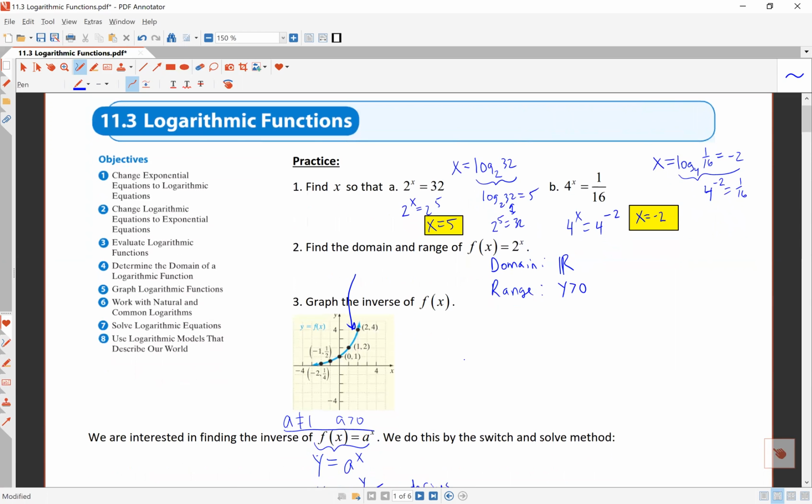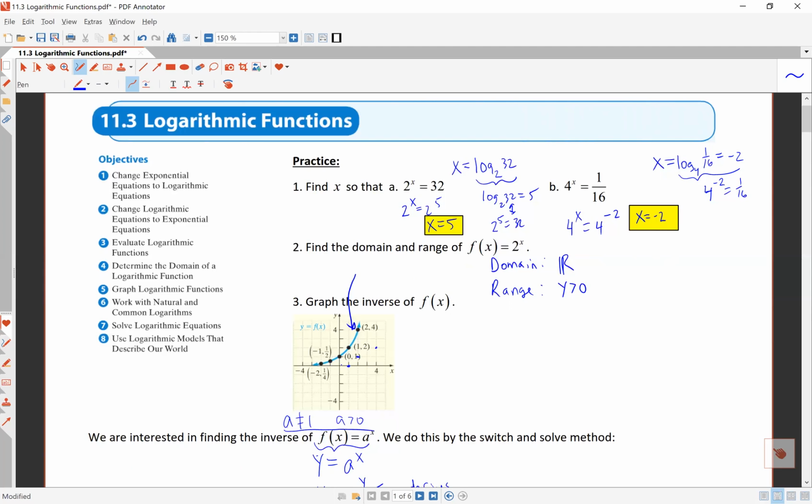We can generate the graph of it quickly by swapping the ordered pairs, the inverse. If x, y is on the graph of the function, then y, x is on the inverse. So let's swap all these ordered pairs. 0, 1 becomes 1, 0. 1, 2 becomes 2, 1. 2, 4 becomes 4, 2.